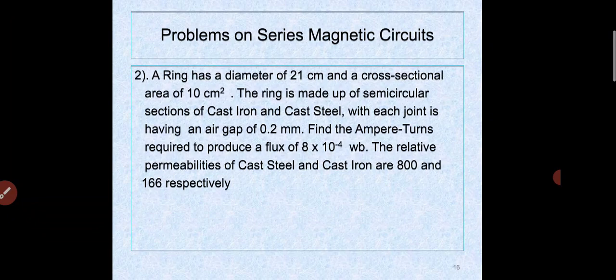Find the ampere turns required to produce a flux of 8 into 10 to the power of minus 4 Webers. The relative permeabilities of cast steel and cast iron are 800 and 166 respectively.